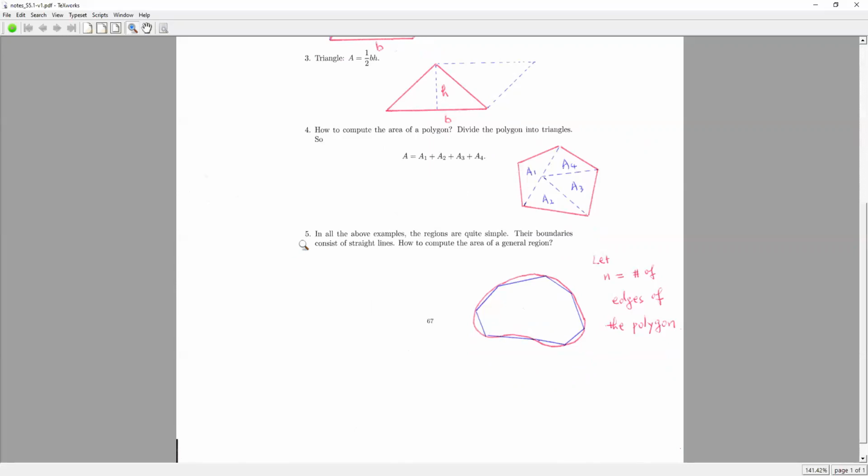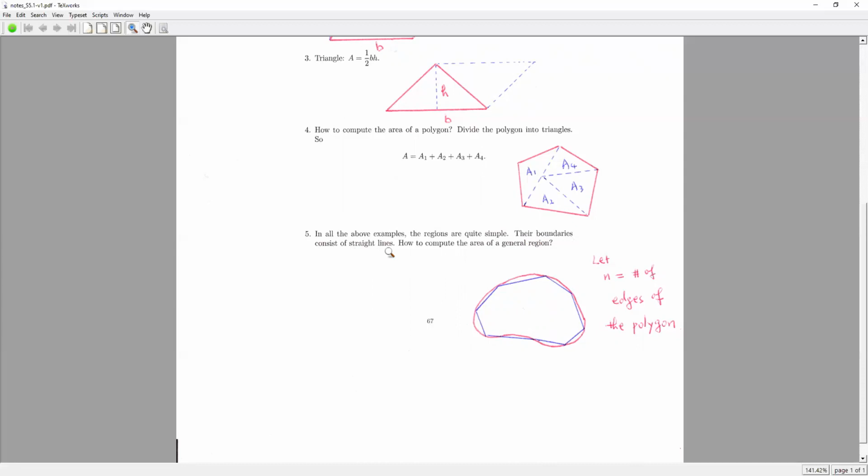Example number 5. In all the above examples, the regions are quite simple. Why I say that? The regions in example 1 to example 4, they are simple regions because their boundaries consist of straight lines.